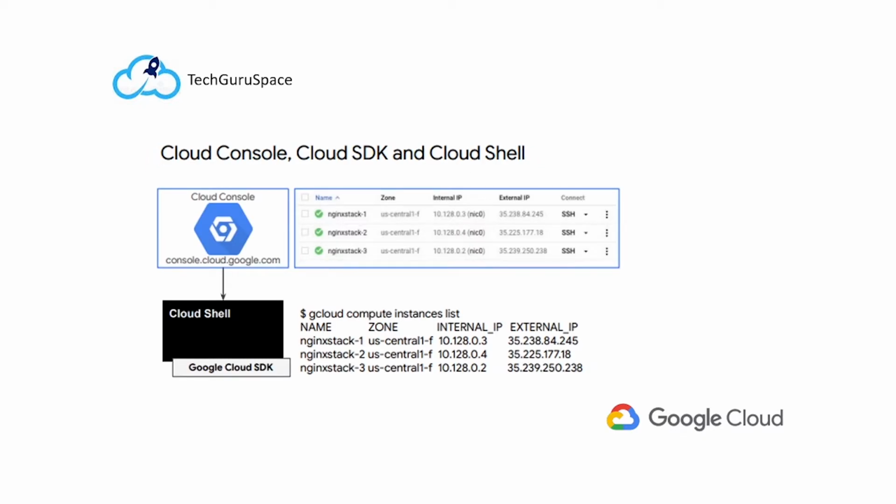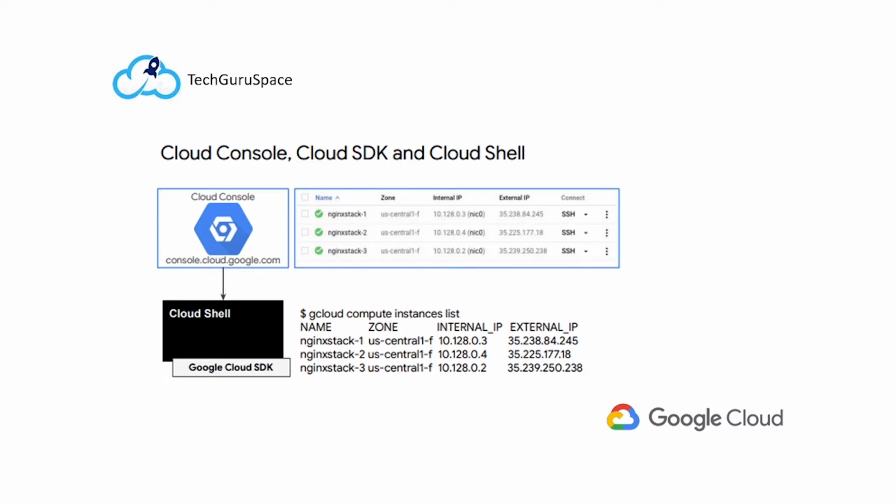The Cloud Console will provide a web-based graphical user interface that you access through console.cloud.google.com. For example, you can view your virtual machines and their details as shown on the top. If you prefer to work in a terminal window, the Cloud SDK provides the gcloud command line tool.